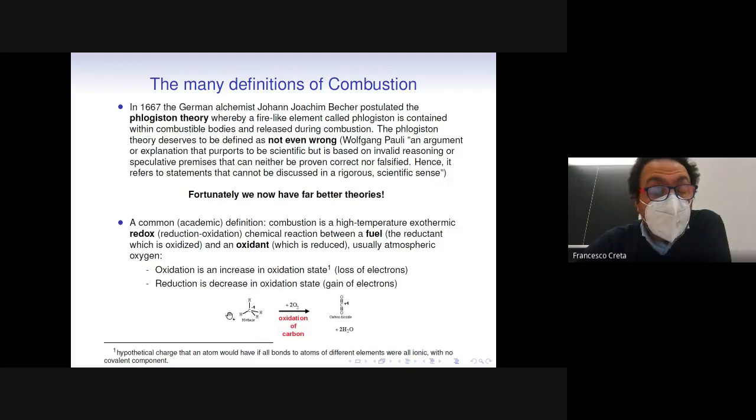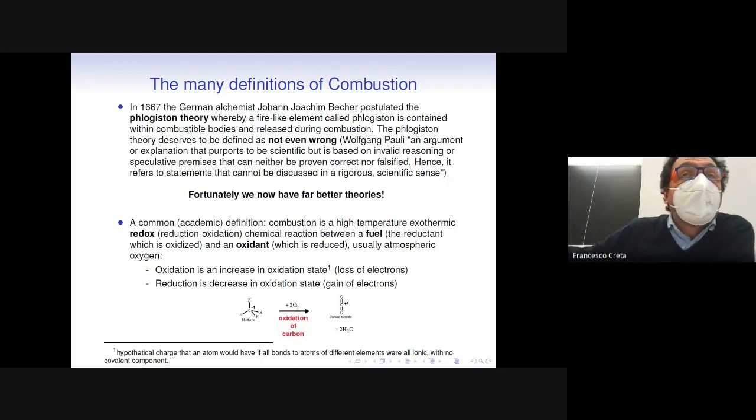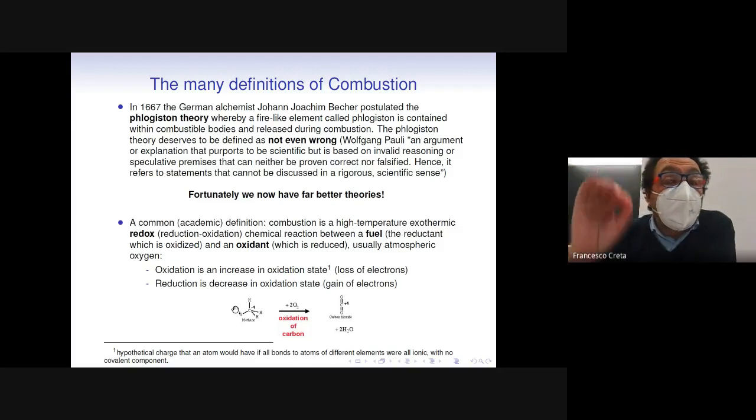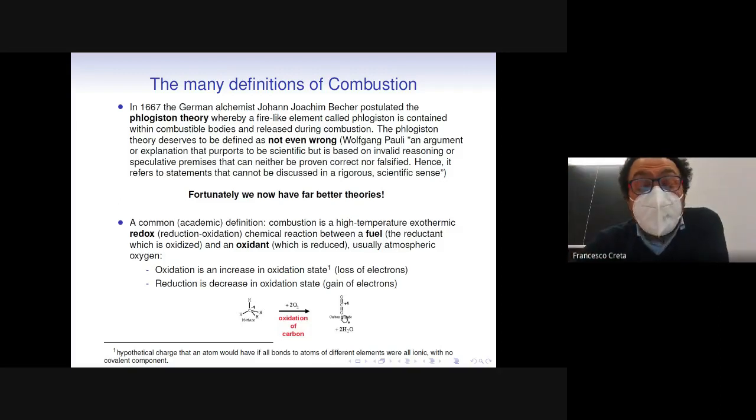You can think of it in combustion as carbon being fixated in the fuel. We'll see later where these carbon atoms come from, but essentially they are fixed, for example in a solid like wood, and then they are released after combustion in carbon dioxide.